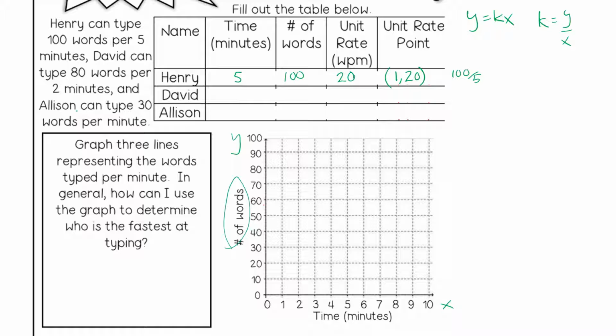So to get our unit rate, we have the y value, the number of words, which is 100, over the x value, which is 5. And all that simplifies to 20 over 1, which is where I'm getting the 1 and the 20: 1 for the x and 20 for the y. Okay, I'm going to erase this here.